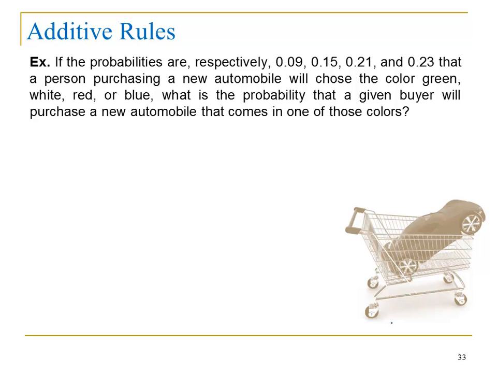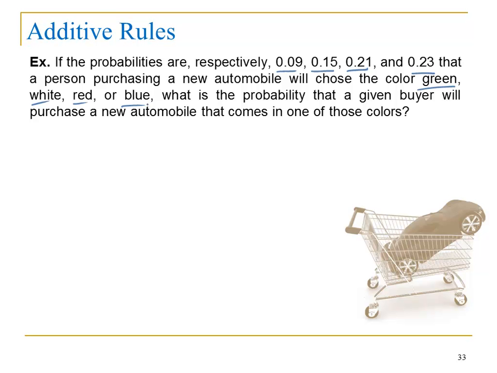Okay, so if the probabilities are respectively 0.09, 0.15, 0.21, and 0.23, that a person purchasing a new car will choose the green color, white, red, or blue, what is the probability that a given buyer will purchase a new automobile that comes in one of those colors? Are these events mutually exclusive?